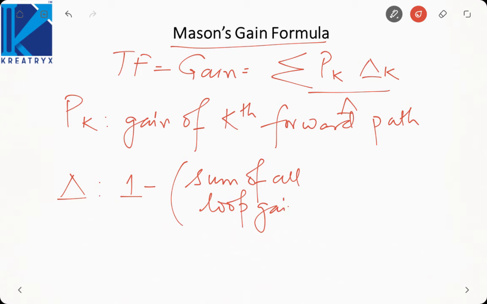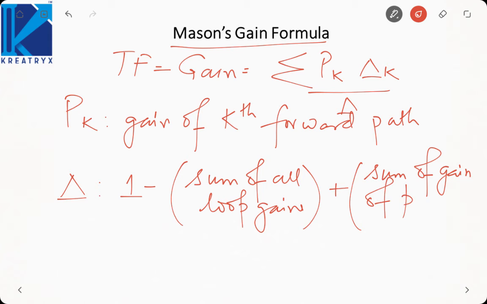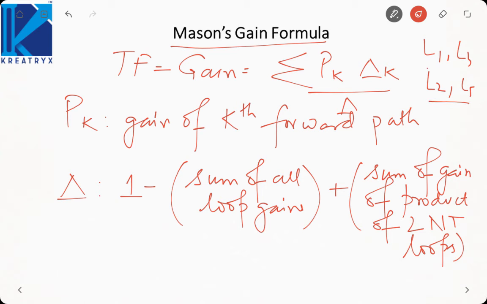Form all the possible loops and take the sum of their gains, that is the sum of all loop gains, plus the sum of gain products of two non-touching loops. Whichever two loops are non-touching, take the product of their gains and take the sum of all such combinations. Like, let us say loop 1 and loop 3 are non-touching, loop 2 and loop 5 are non-touching. So take L1 L3 plus L2 L5. That is, like in digital we have SOP.